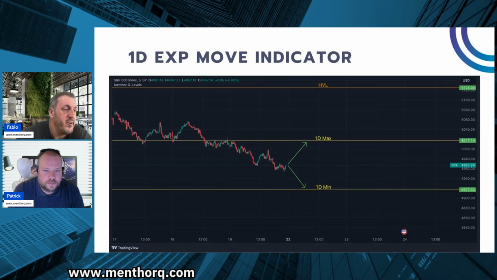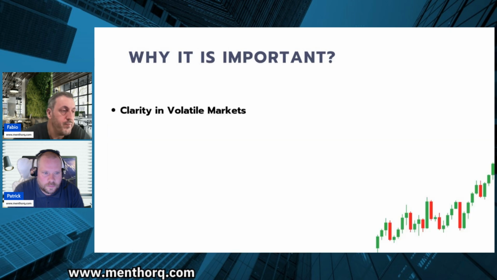The way it appears on your chart, here you see the price action for the next day, and you see the max and minimum levels. Those are kind of volatility bands that you can add to your charts to understand where the price can move. And that can be used, we're going to look at it in a second, as your risk management tool, trade management tool, and profit management tool as well.